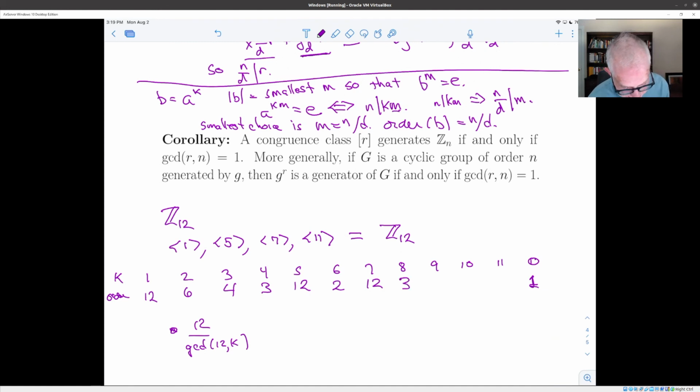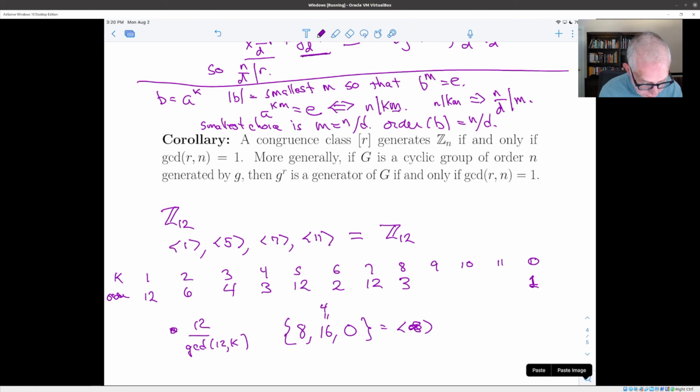Let's just check that because the greatest common divisor of 12 and 8 is 4, and 12 over 4 is 3. 8, 16, and 24. This is 8, whoops, but of course 16 is just the same as 4. 9, the greatest common divisor is 3, so we have 12 over 3 is 4. 10, the greatest common divisor of 10 and 12 is 2, so we should have 6. 11, we get 12.